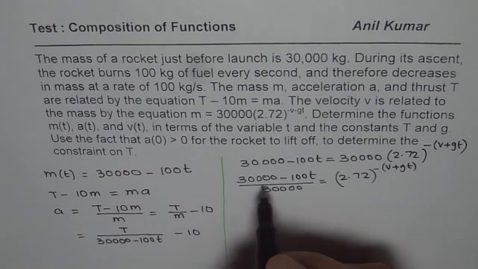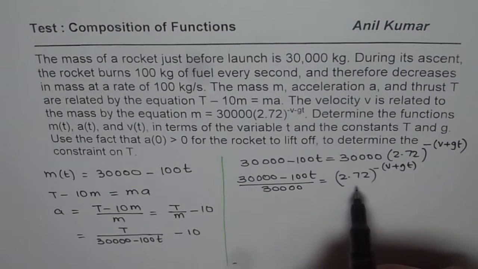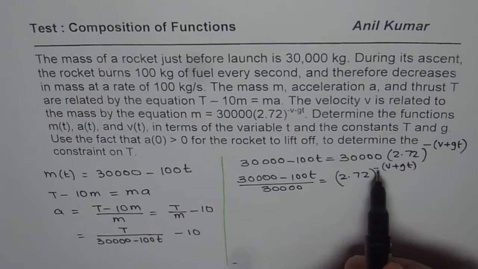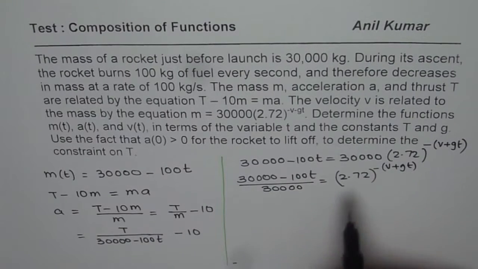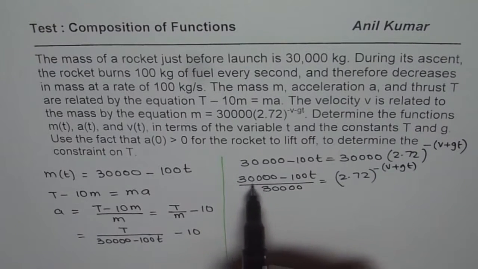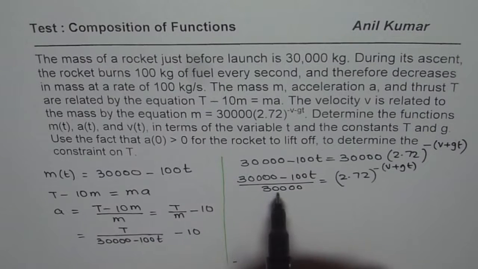Now we can take log on both the sides, applying the logarithmic rules. The power will come down on this side, and here 30,000 divided by 30,000 is 1 minus 100t divided by 30,000.